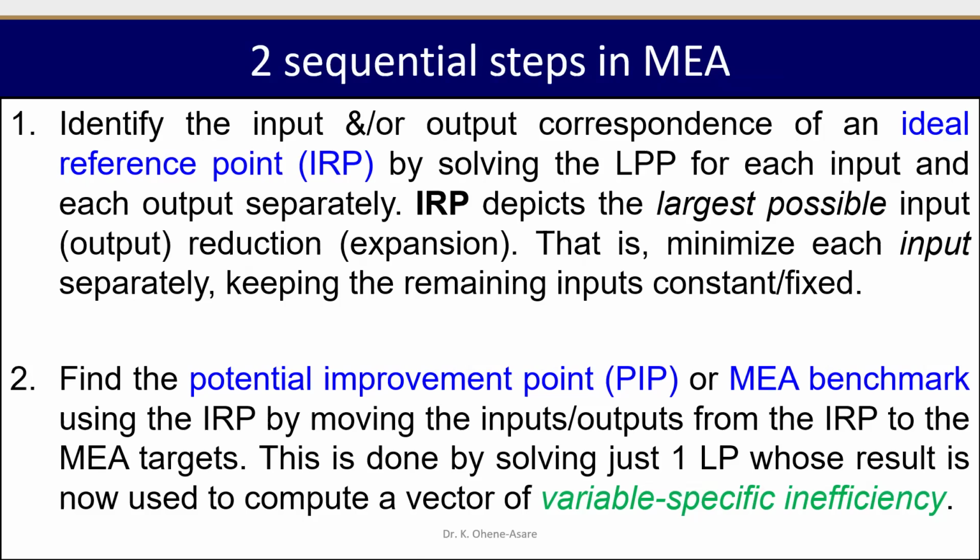So in each DMU, it depends on the number of variables. Let's say you're having 3 inputs, 3 outputs, you are going to be doing the calculation 6 times for that particular DMU before you go to the next DMU and do it 6 times. So for this one, it's just one variable. That's one input or one output that you are looking at that you do the calculation for.